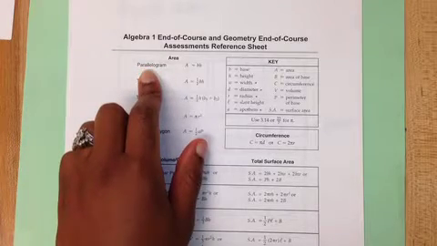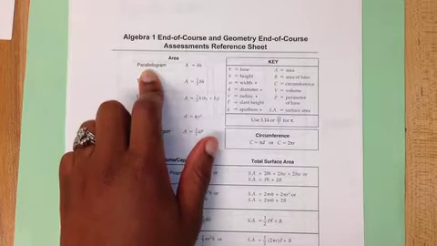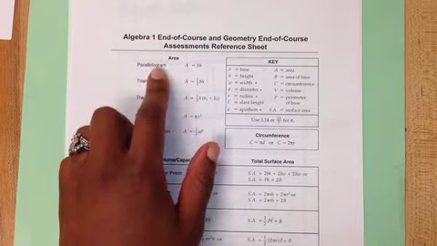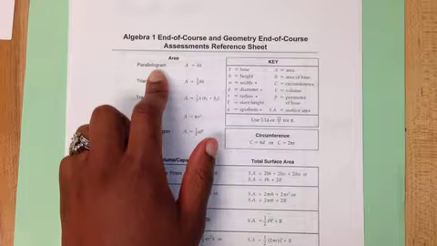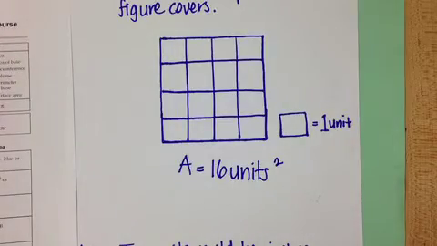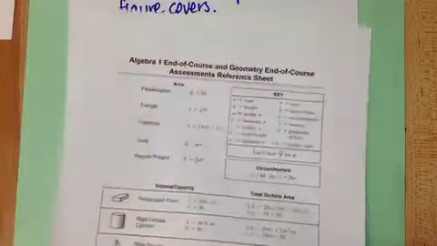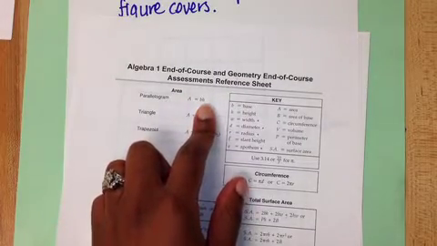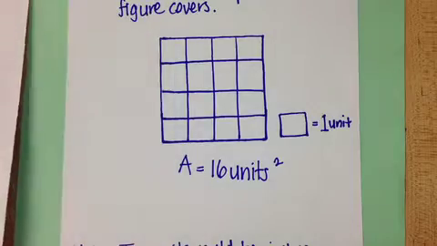Under the term parallelogram, which is identified as any quadrilateral that has two sets of parallel sides, as you can see in the figure that we had before, we have two sets of parallel sides. So we can use this formula, A equals BH, to find the area.